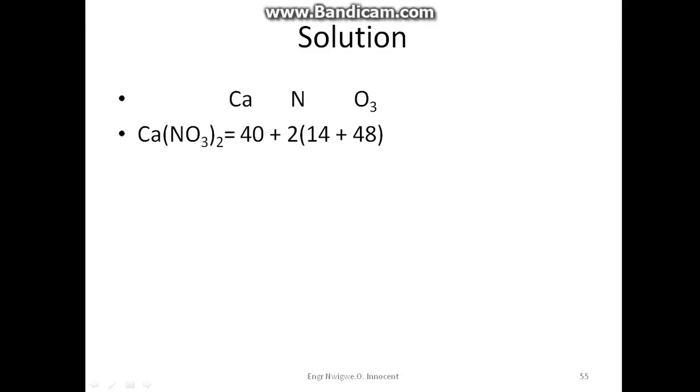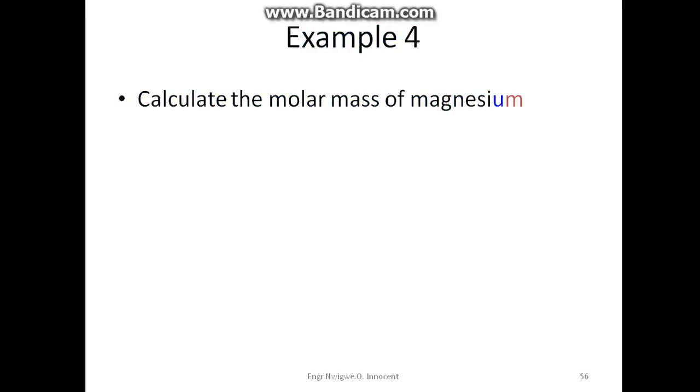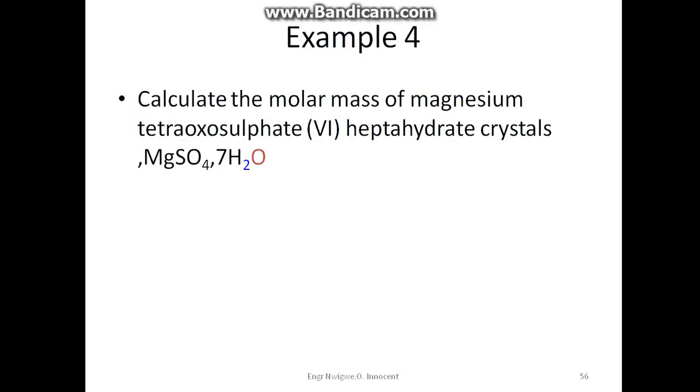Then this will give us 40 plus 124. Then the answer will become 164. Therefore, the molar mass of calcium trioxonitrate 5 is 164 grams.